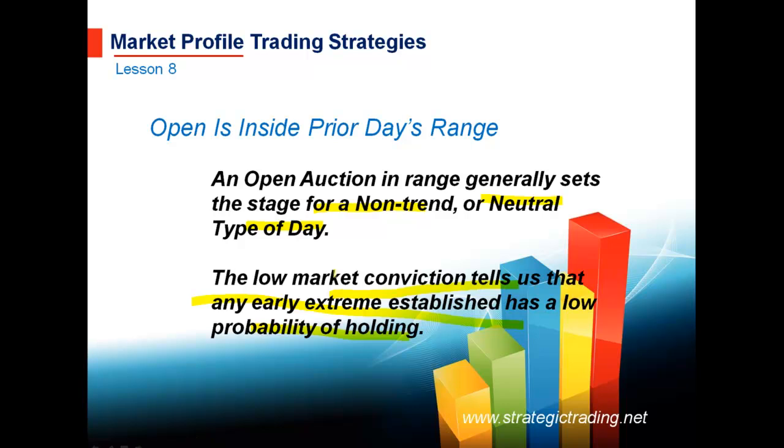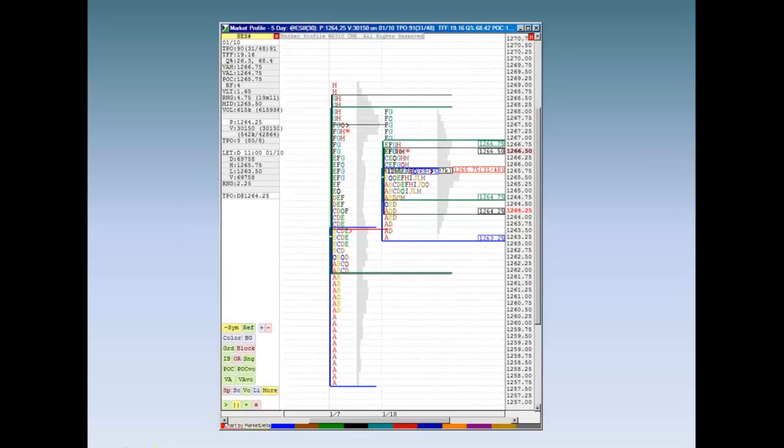But when you get one of these non-trend neutral days, it is not going to be easy. You will not be able to identify, again, because of that uncertainty, which extreme is going to hold in the initial period.